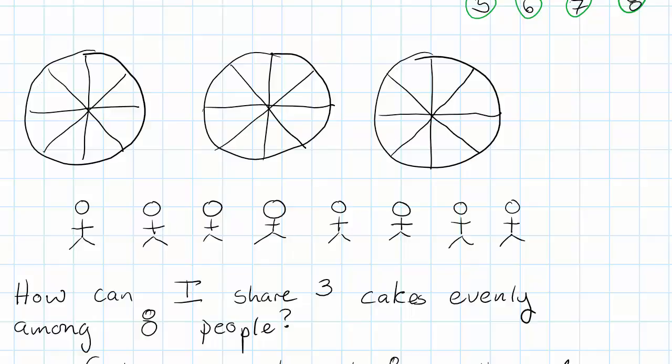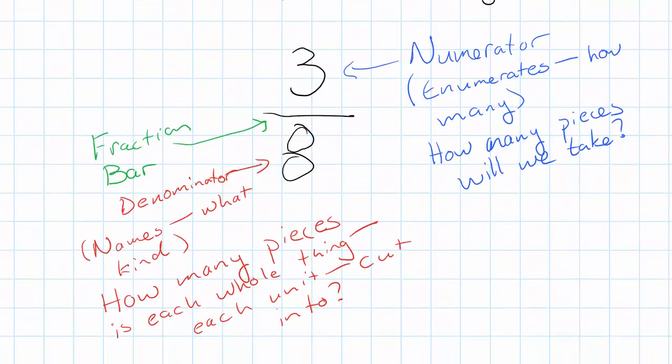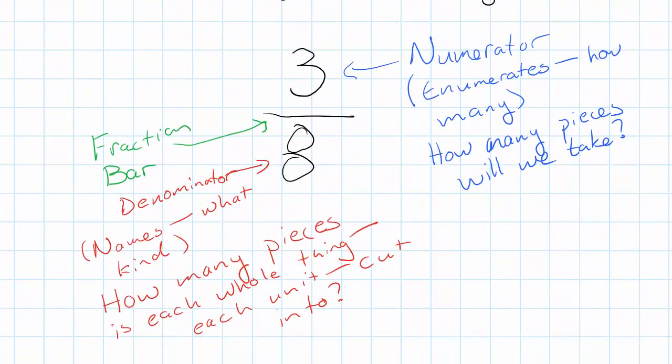I cut each cake into 8 equal pieces. So my denominator was 8 because each cake was cut into 8 pieces. And then I gave everyone 3 pieces like that. How many pieces did they get? They got 3 of them.